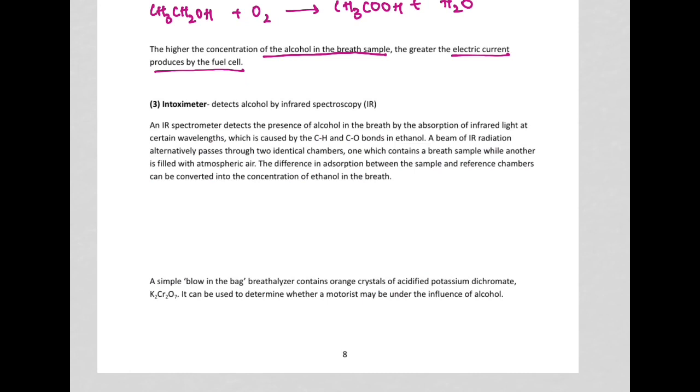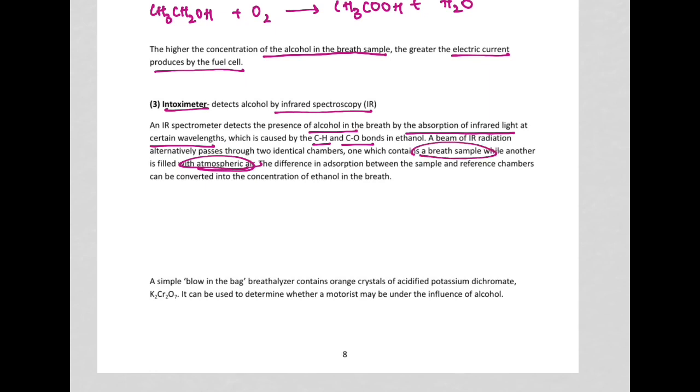Another equipment is called the intoximeter, which detects alcohol by IR. So an IR is going to detect the presence of alcohol by the absorption of infrared light at certain wavelengths. So in alcohol, in the ethanol, you have the C-H and the C-O bonds. And there's going to be 2 samples, one containing air and one containing the breath sample.